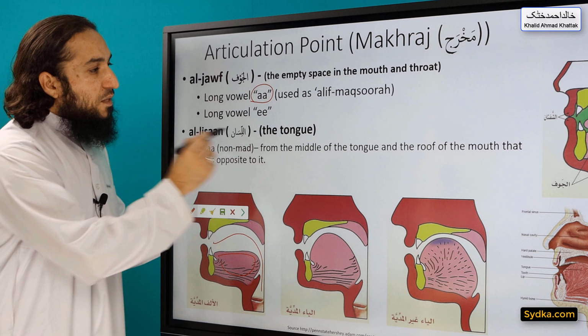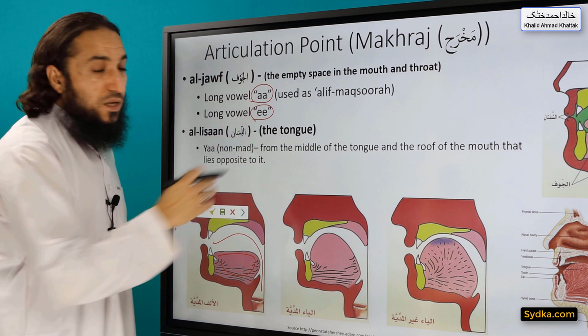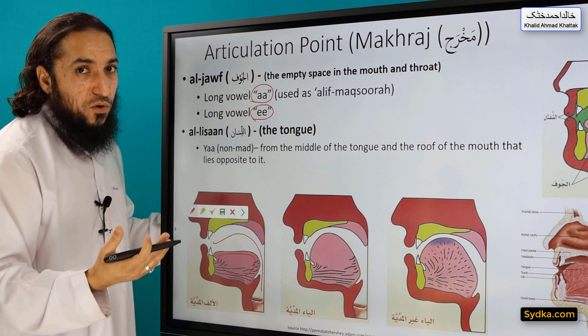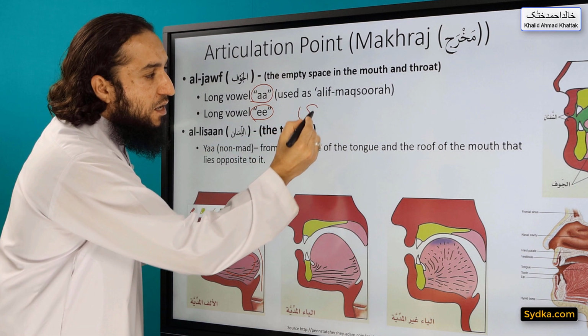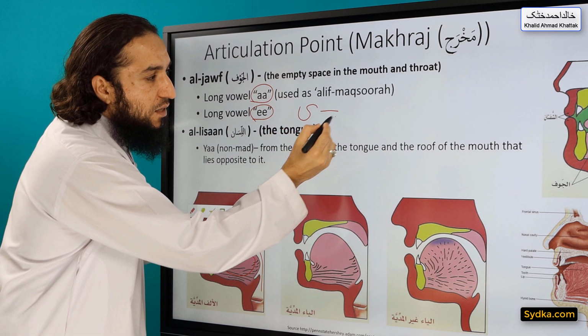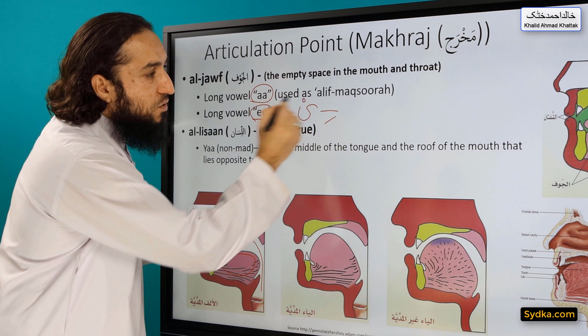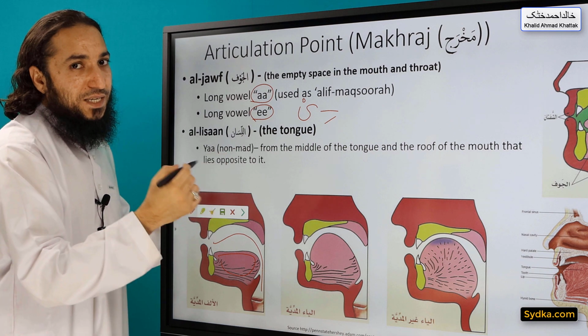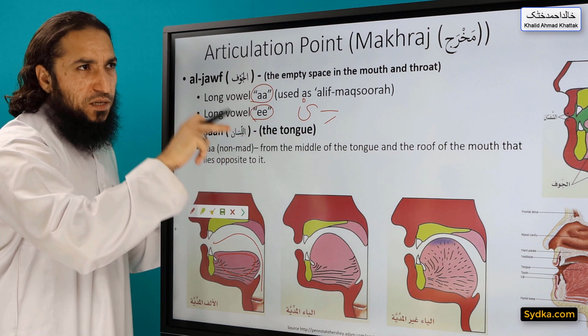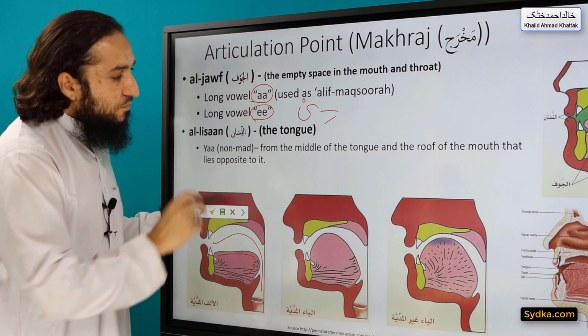The first one is that. The second one is when the ya is used as another long vowel. It is E, and it is normally ya, and before that is a kasra. So it's a hidden sukoon, and the letter before it has kasra. That's another sound, called E. We will explain this in the following session in more detail.